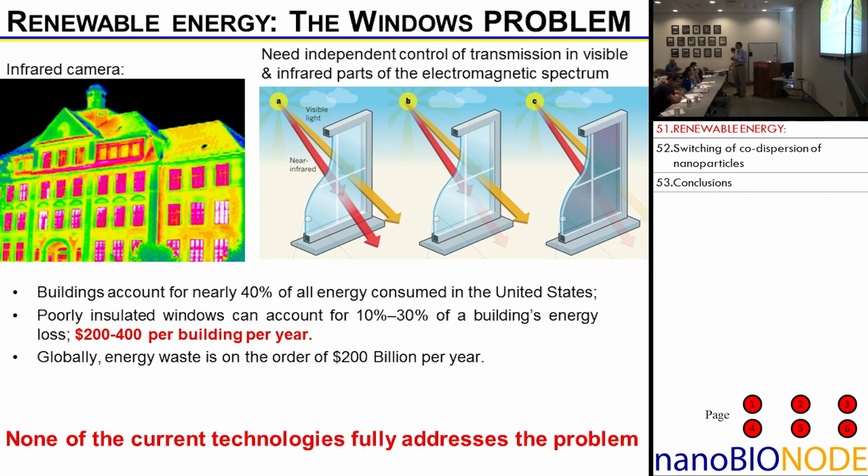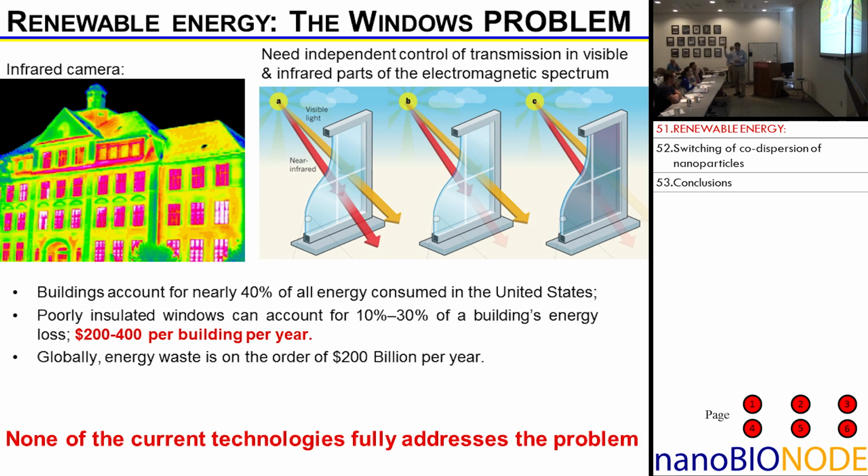We can use them in smart windows, because you can imagine how we can independently control the flow of heat and light in visible and infrared parts of spectrum. And this is precisely what we need if we want to use them in smart window applications. As you might know, the current windows that we have contribute to a huge amount of energy that's produced, right?